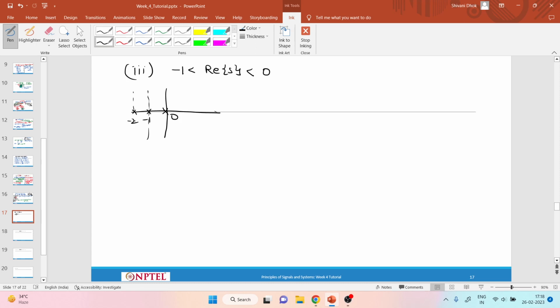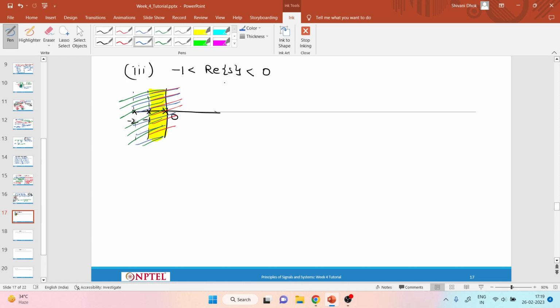If I draw lines here, then my region of convergence is something here. Which means that this 0 is contributing this way, that is leftwards, and this 1 is contributing in this direction, and this 2 is also contributing in this direction.